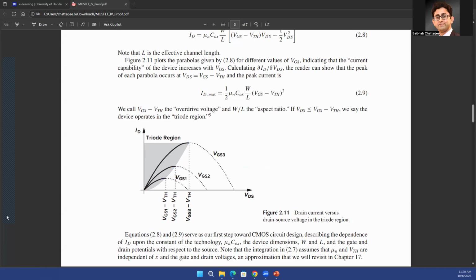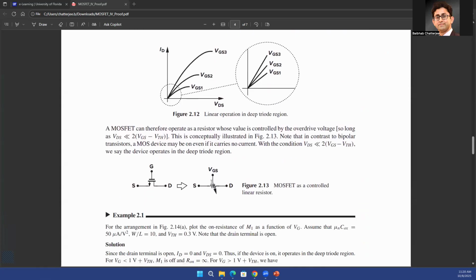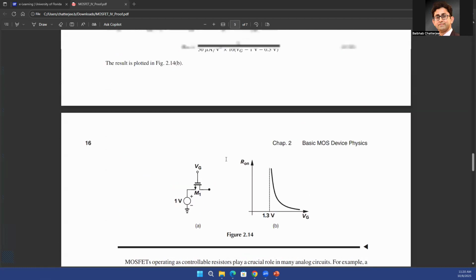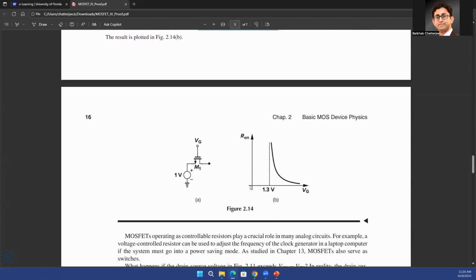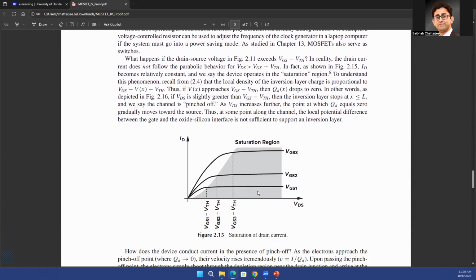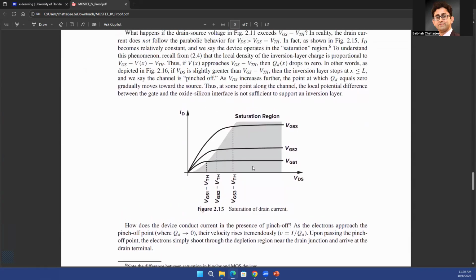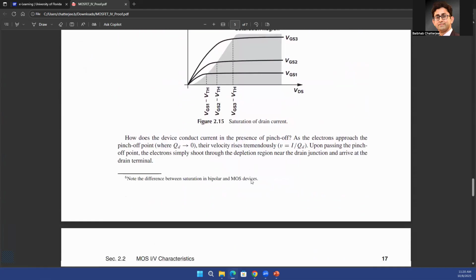You can go through some of these numerical problems as well, just to make sure you understand the concepts well. But what I wanted to show next is what is happening in the saturation region.